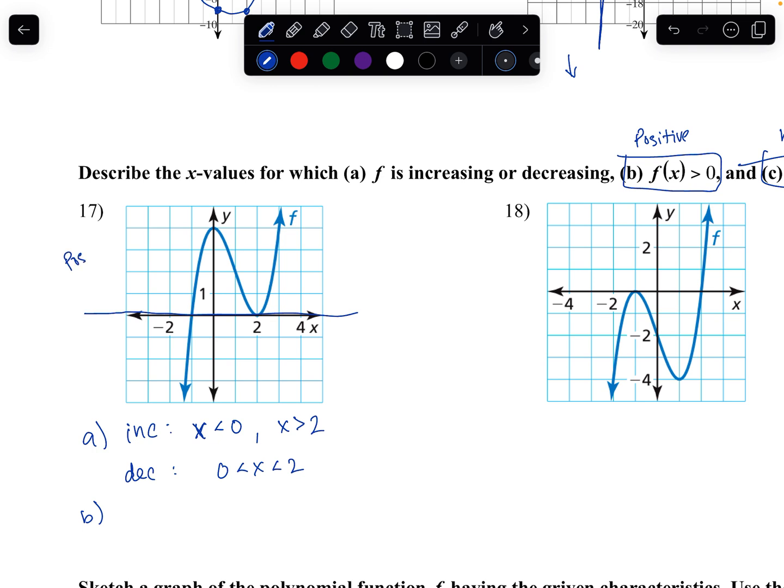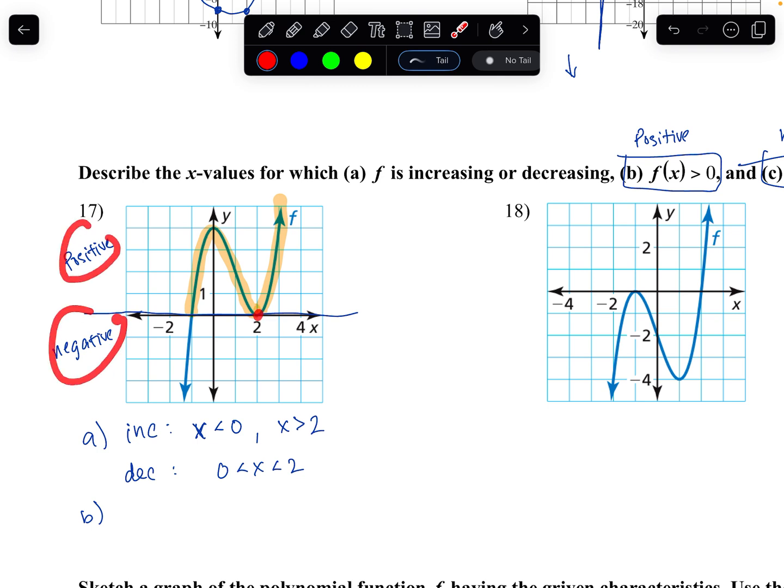This is positive. This is when the y values are positive. This is when the x values are negative. So we're positive here and here. Now technically at 2 we are 0, which is neither positive nor negative.